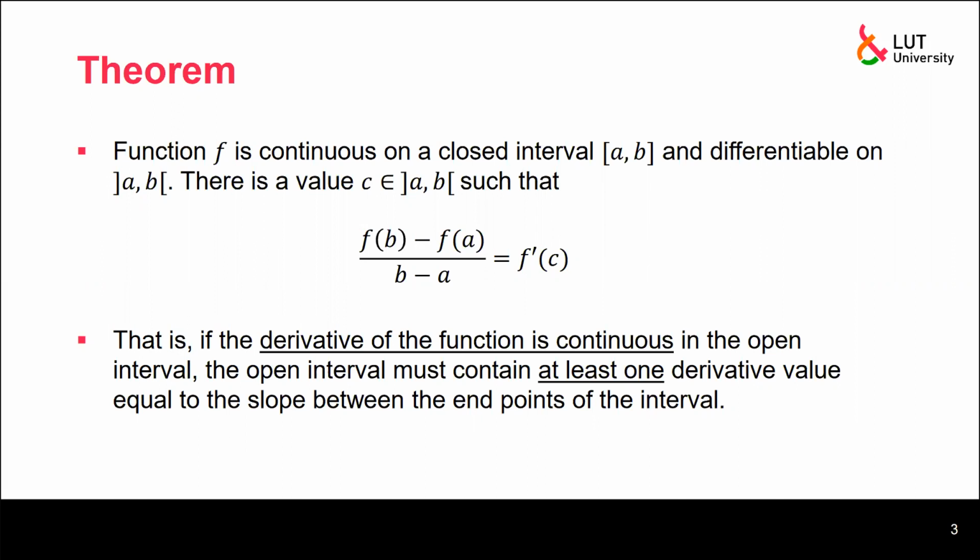I like to use the square brackets, and if they are the wrong way around, that means the endpoints are not included. But you may have also seen another notation. I'm using: c belongs to the closed interval a to b, is how I personally write it, like this.